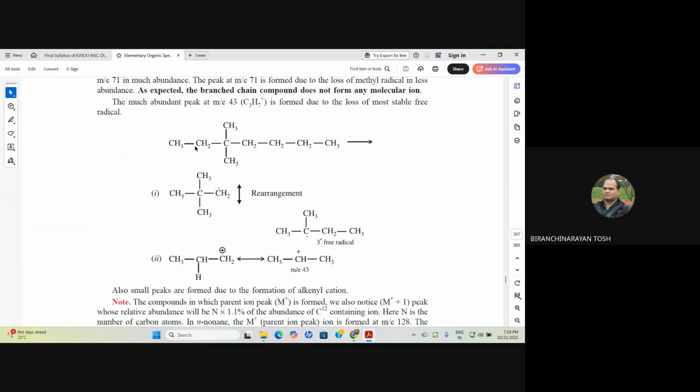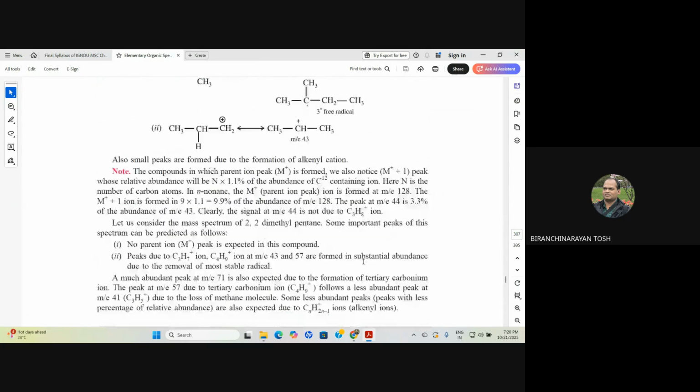You are getting CH3, CH3, CH3, CH2. Then there will be rearrangement producing this tertiary free radical. Then one electron will be lost, and again rearrangement produces this peak at 43. Also, small peaks are formed due to formation of alkyl cations. So this is in the case of branched chain alkanes.